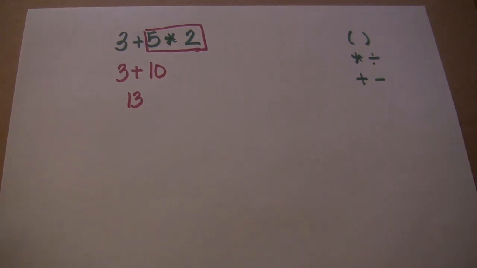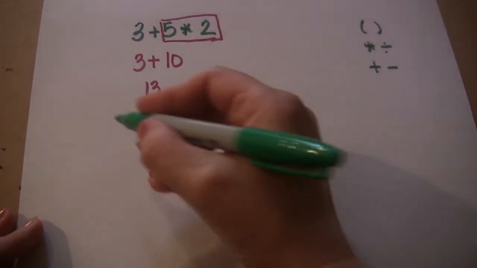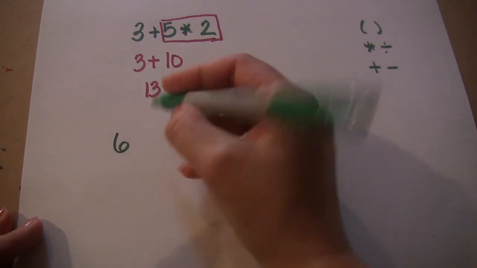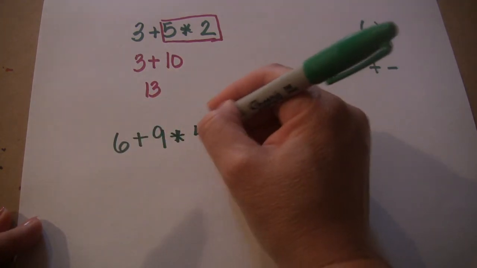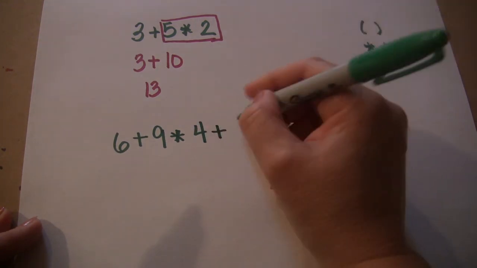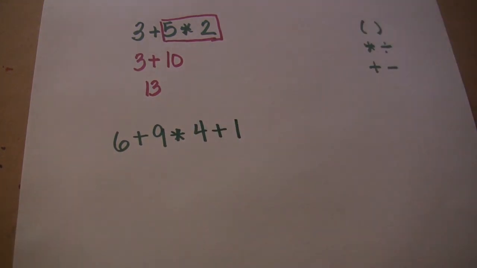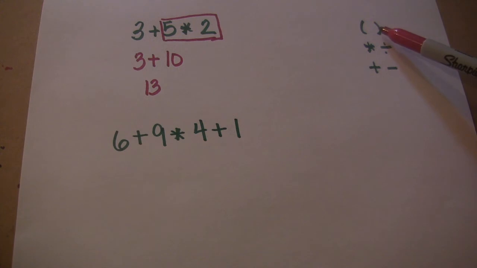Let's try another one. Let's say I said to you that we were going to do 6 plus 9 times 4 plus 1. What does that equal? Okay, I'll be quiet. You think. All right, so keeping in mind our steps, we have parentheses.